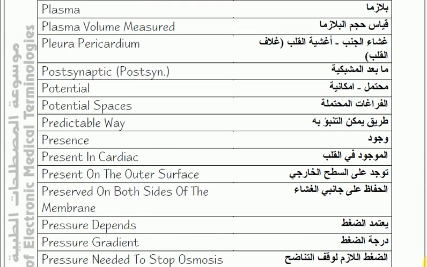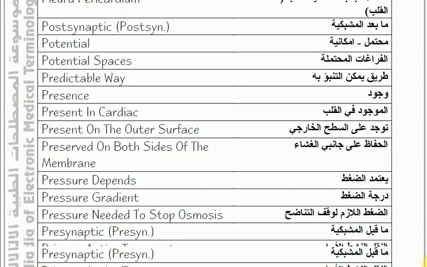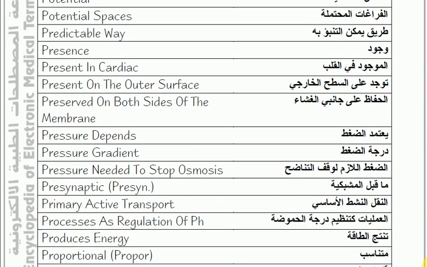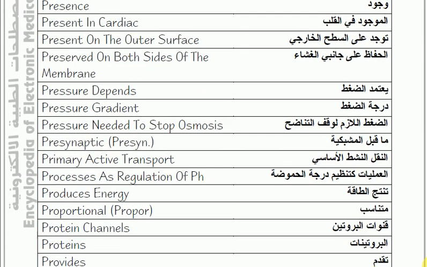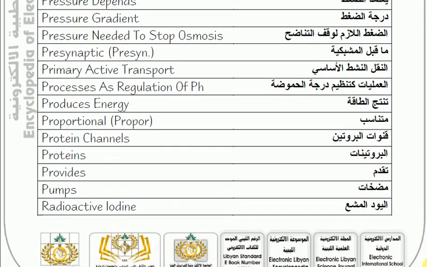Postsynaptic, postsyn. Potential. Potential spaces. Predictable way. Presence. Present in cardiac. Present on the outer surface. Preserved on both sides of the membrane. Pressure depends. Pressure gradient. Pressure needed to stop osmosis.